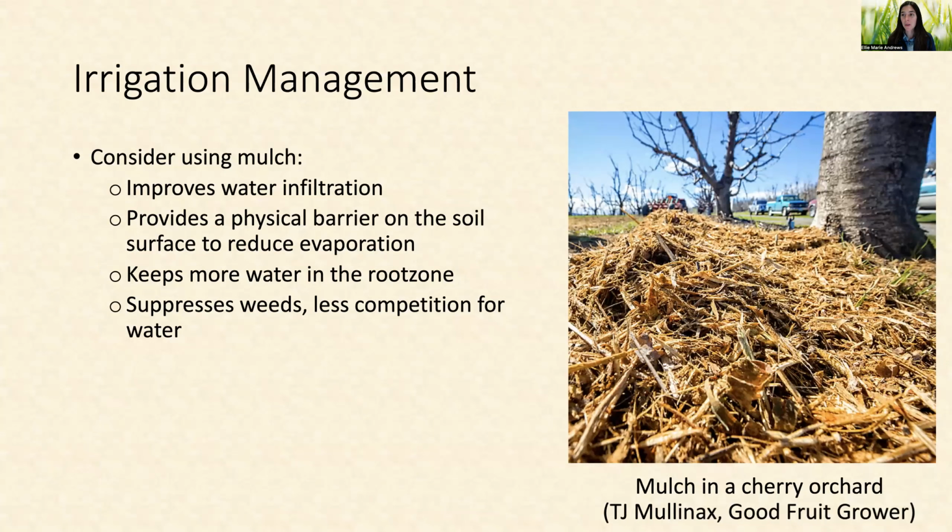Like we talked about that component of ET earlier, you're always going to have some amount of water evaporating, but mulch creates this physical barrier which reduces that evaporation, which is very helpful. And that can actually help maintain soil water content beneath it. So by doing this, it helps keep more water in the root zone where the plant roots can access it. And of course, it can also suppress weeds, which just means less competition for water by the tree.